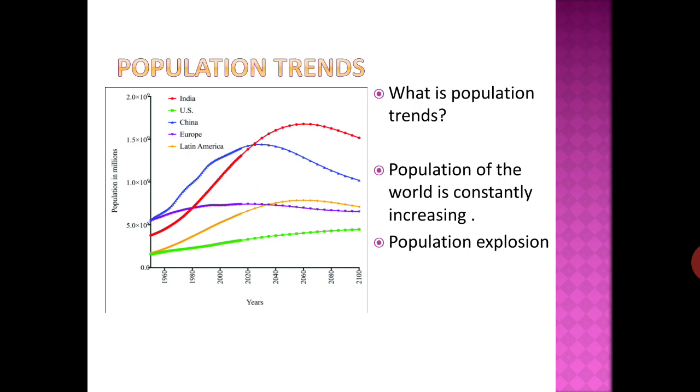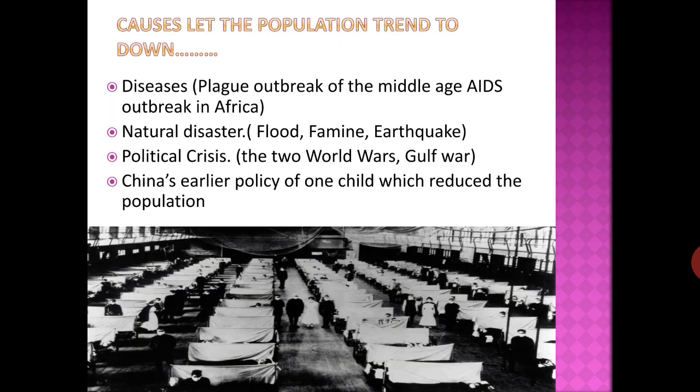Of course, there are certain times when the population of the world has not grown, like disease, when plague broke out in the Middle Ages, or the example of the AIDS outbreak in Africa, and sometimes natural disasters. Because of natural disasters, lakhs and hundreds of people were dying, like the floods of China and famine of Somalia and different parts of the world.